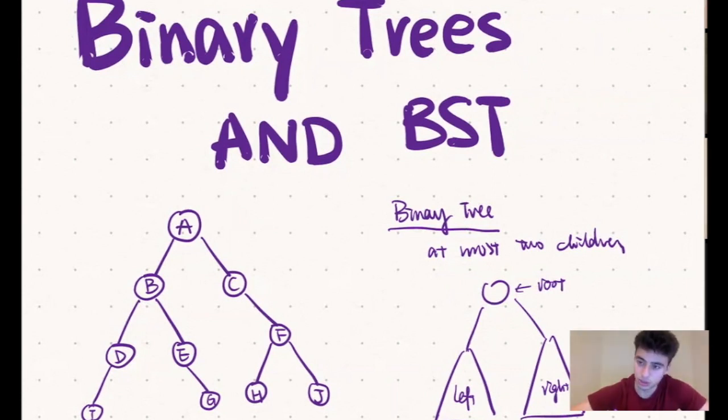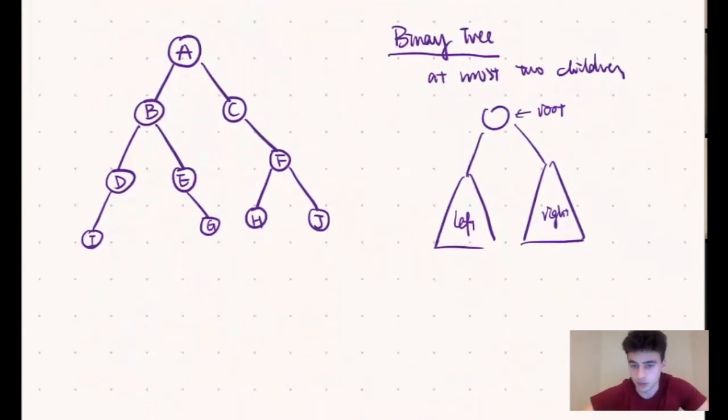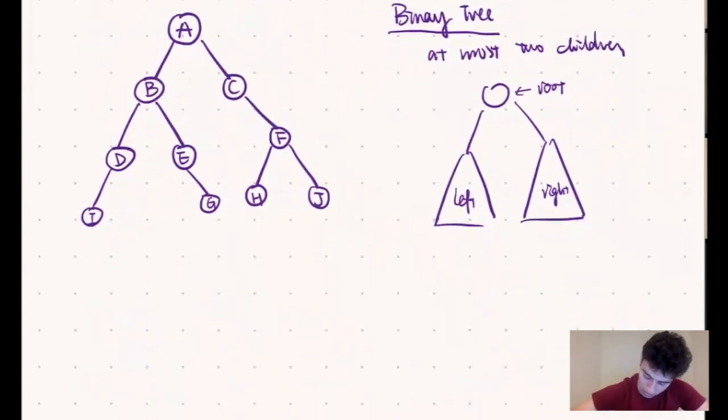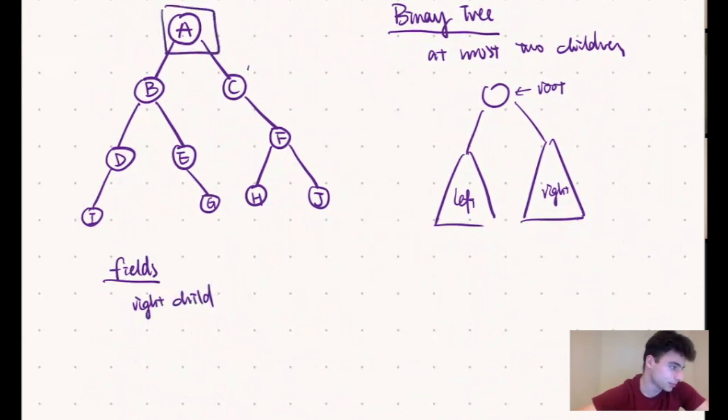Each node in a binary tree has the following fields. Each node has a right child. In our example on the left, the right child of A is C. Each node also has a left child.